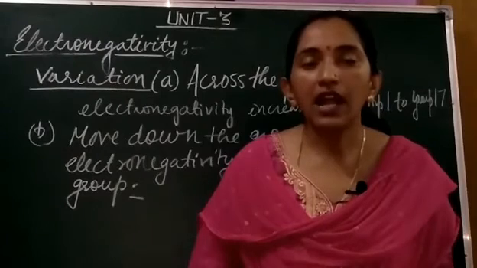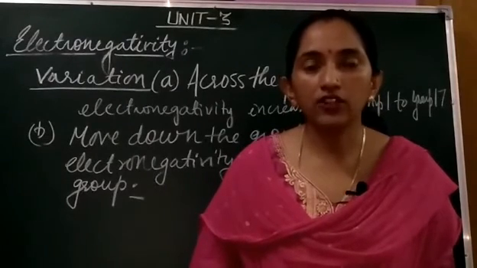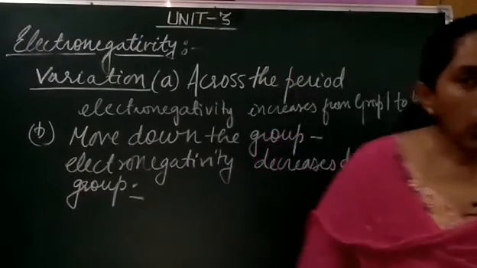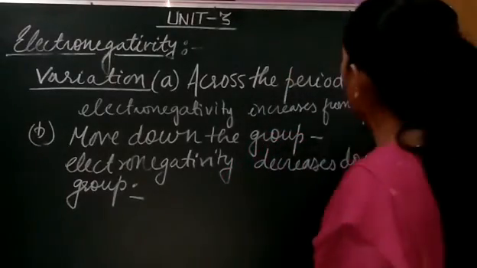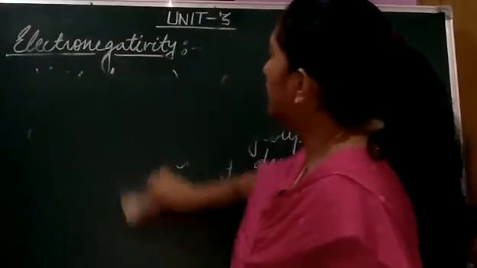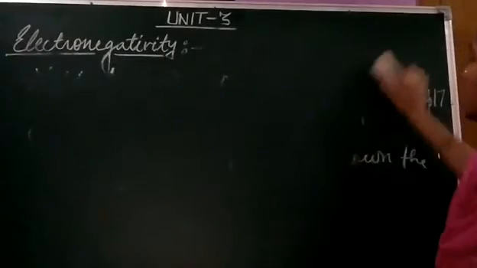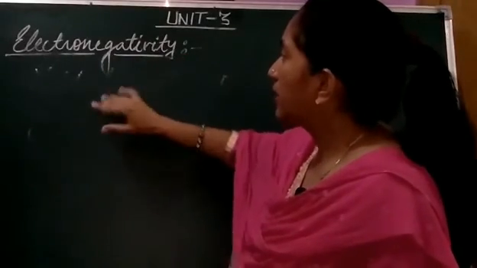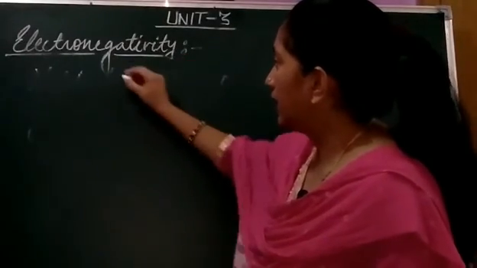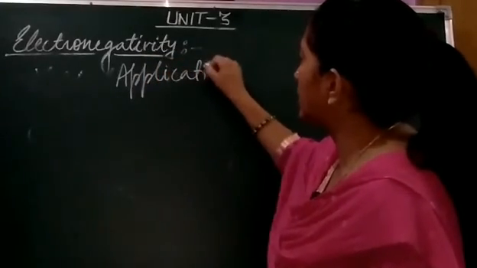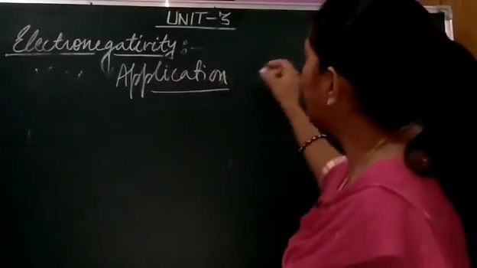And the one which has the greater value of electronegativity will behave as a non-metal, right students? So electronegativity helps us to predict the nature of the element, the metallic and the non-metallic character. So that is the application of electronegativity.